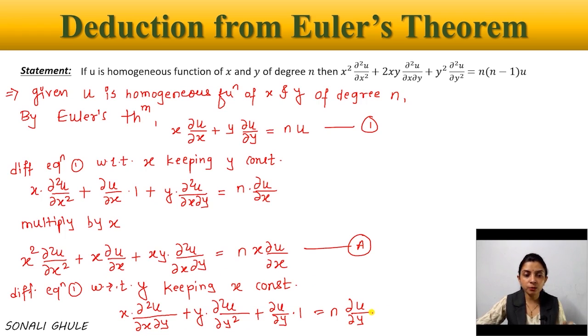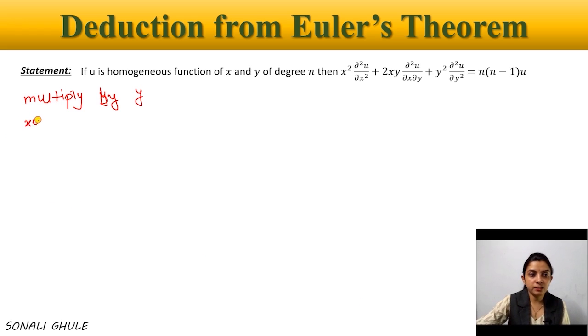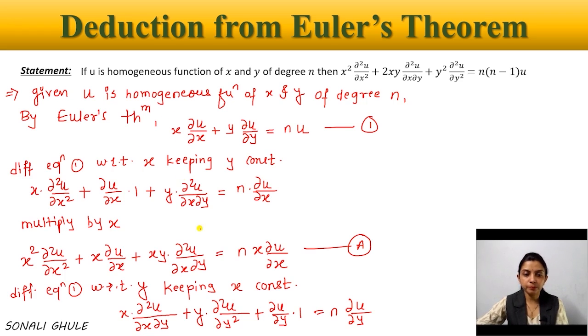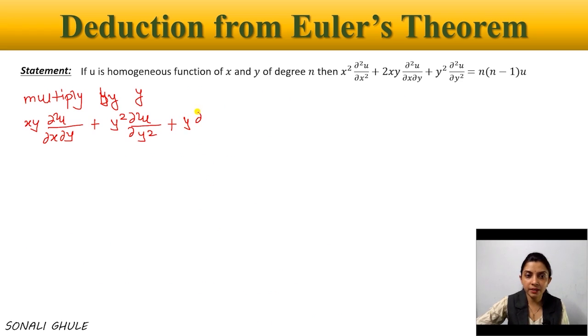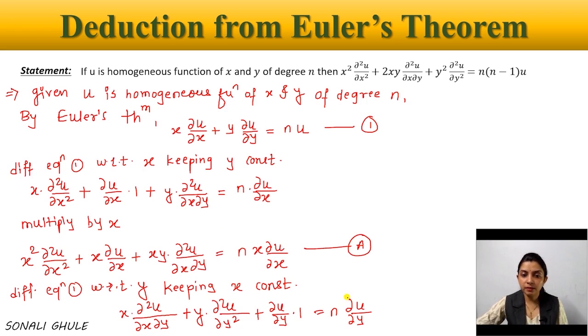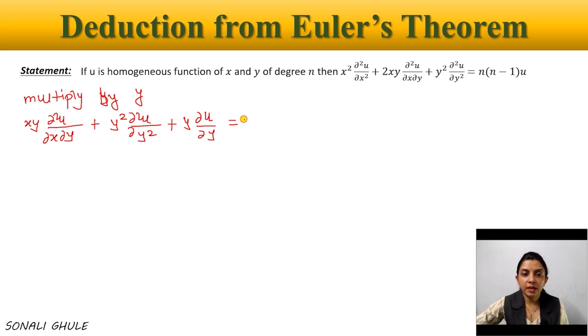Now if we multiply this equation by y, what do we get? It is xy ∂²u/∂x∂y plus y² ∂²u/∂y² plus, see here, multiplied by y, so that will be y ∂u/∂y equal to, here also multiplied by y, so that will give you n ∂u/∂y multiplied by y.